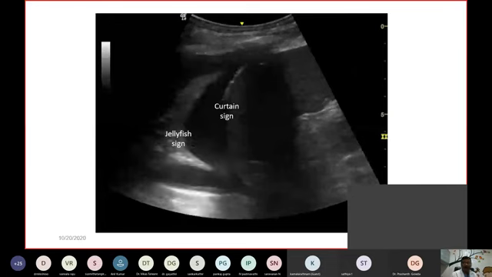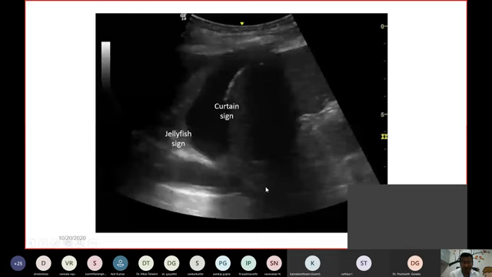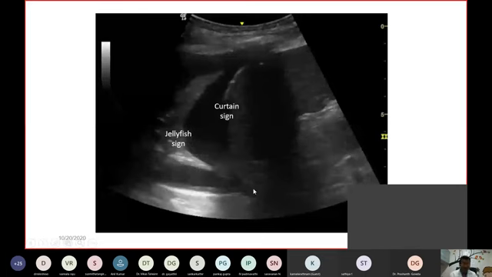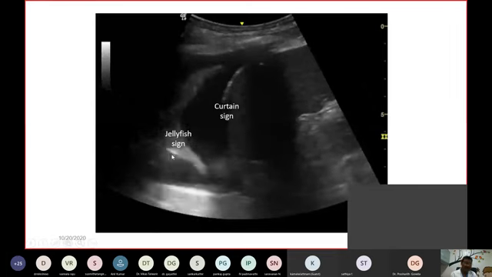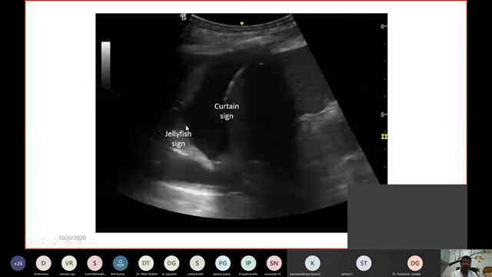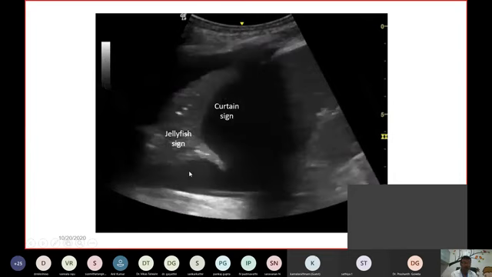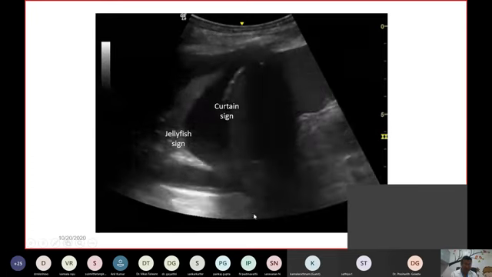And third thing, I told you at a normal lung, you can't see the spine beyond the insertion of the diaphragm because normal lung contains air. Now, if there is fluid or pneumonia or consolidation in the lung, it is going to allow ultrasound waves to go through and you will see the real image, and you can see the spine extending beyond the diaphragmatic insertion.